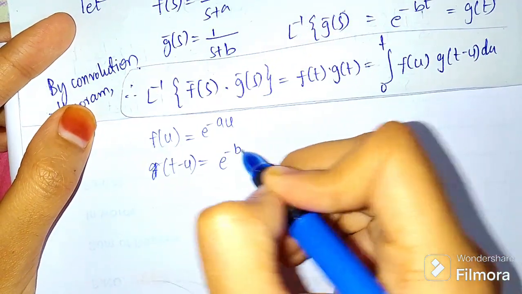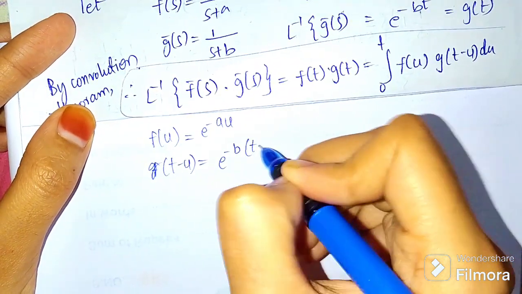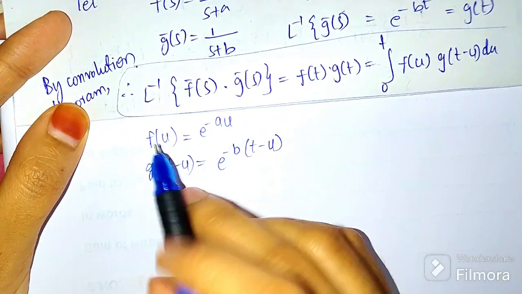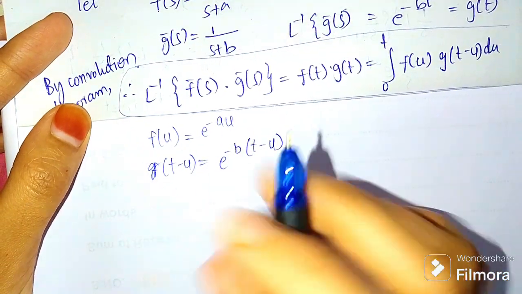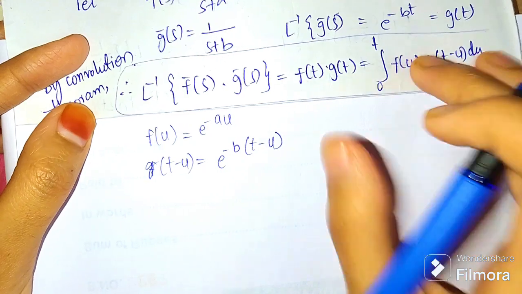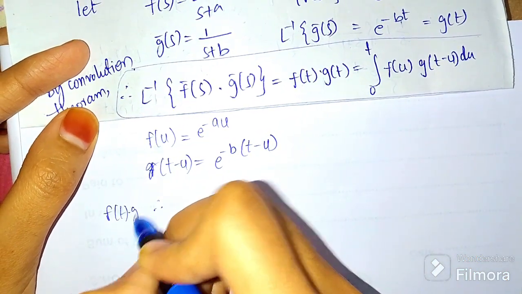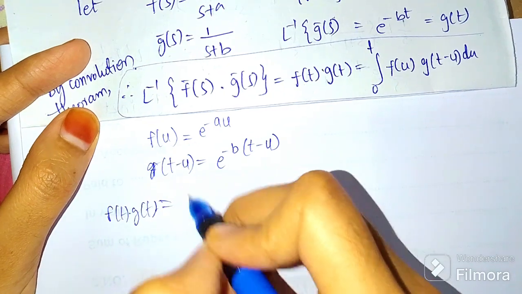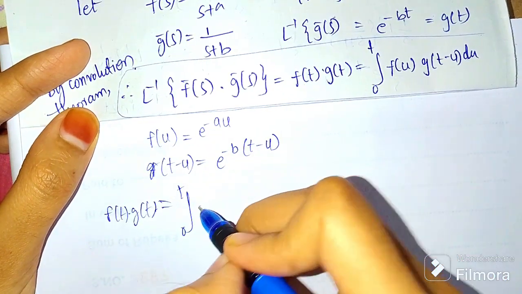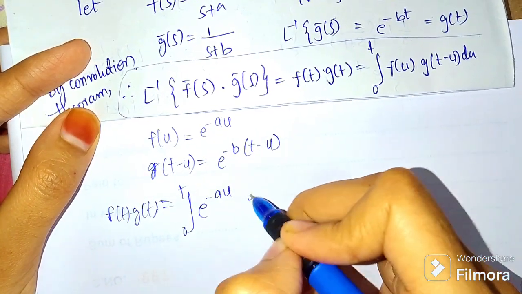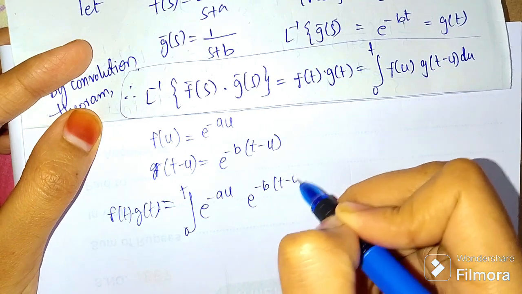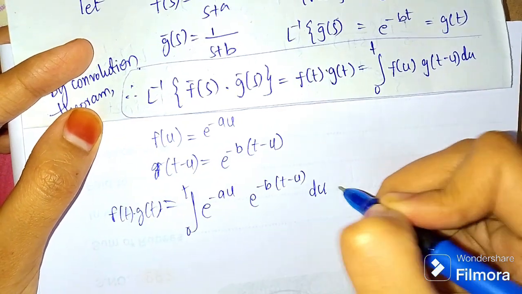That will be e power minus b into t minus u. This is my f of u and this is my g of t minus u. Now substituting in this integral, f of t into g of t is equal to integral 0 to t e power minus au into e power minus b into t minus u du.